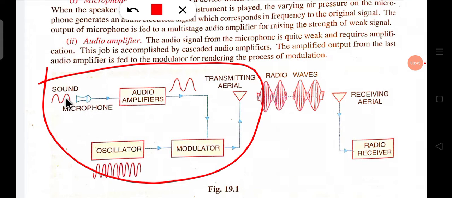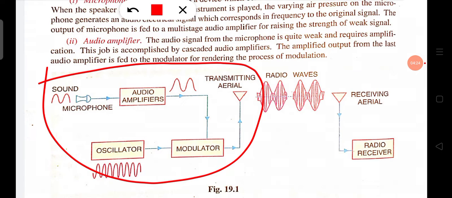Here the microphone converts the sound, audio or speech signal into an electrical signal, and thereafter that electrical signal goes to the audio amplifier. Because whenever you speak very slowly, at the receiver end a minimum range is fixed to understand the audio, and your speech signal is not capable of reaching up to that range.